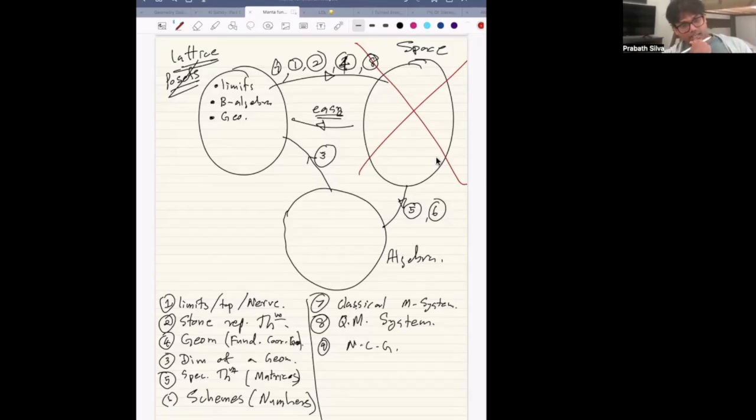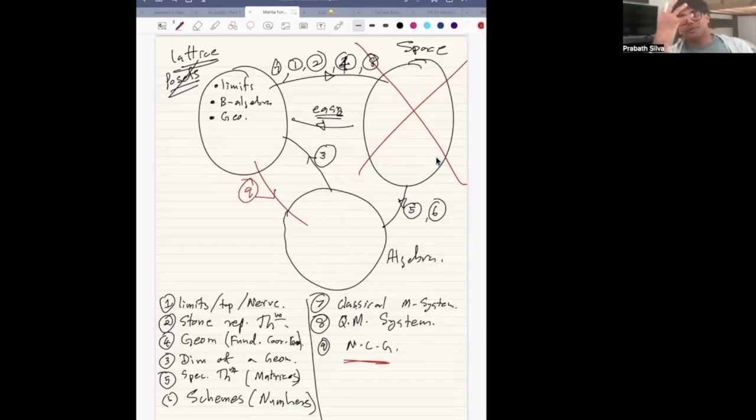And then in NCG, for example, they call a measure space a von Neumann algebra, and a topology a C-star algebra, and so on. They have a different dictionary, call it non-commutative mathematics. But I'm trying to see if I can do this.